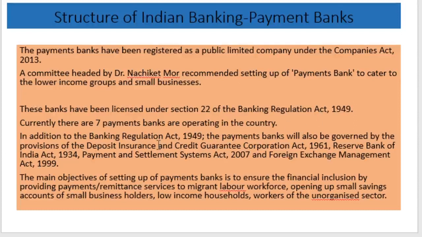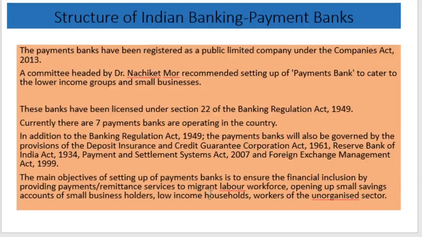In addition to the Banking Regulation Act 1949, payment banks are also governed by the provisions of the Deposit Insurance and Credit Guarantee Corporation Act 1961, the RBI Act of 1934, the Payment and Settlement Systems Act of 2007, and the Foreign Exchange Management Act of 1999. These are the regulatory mechanisms for controlling payment banks in India.